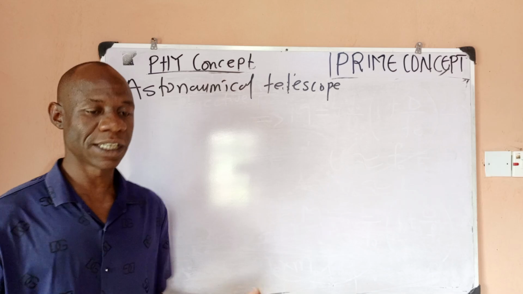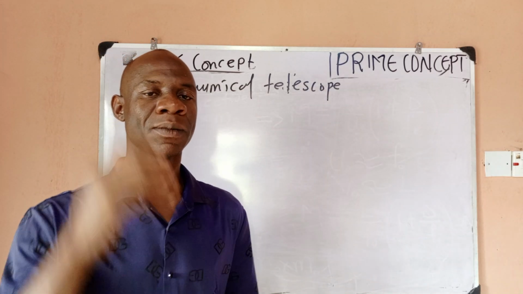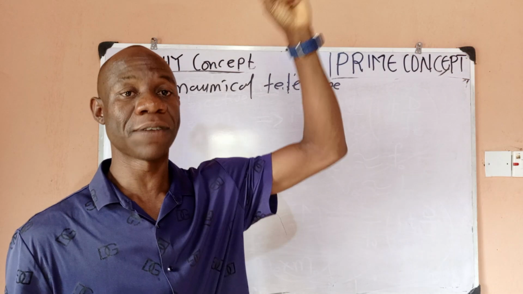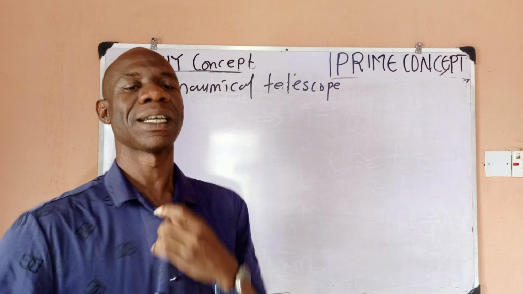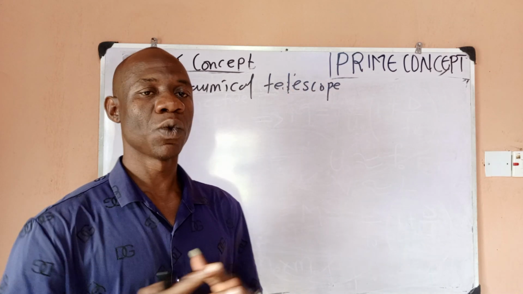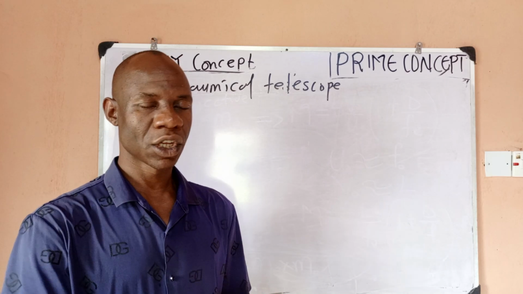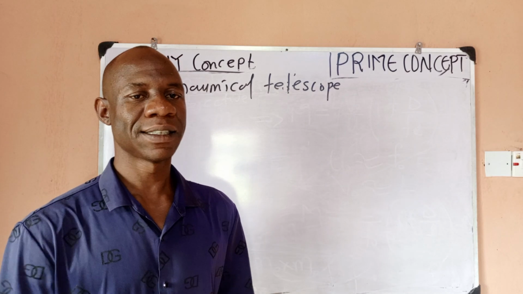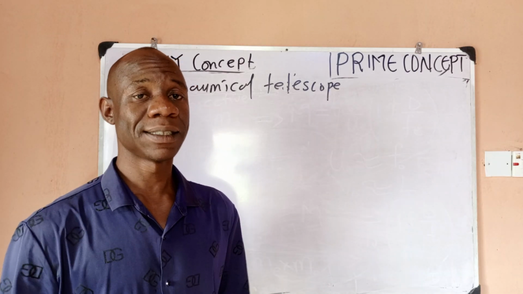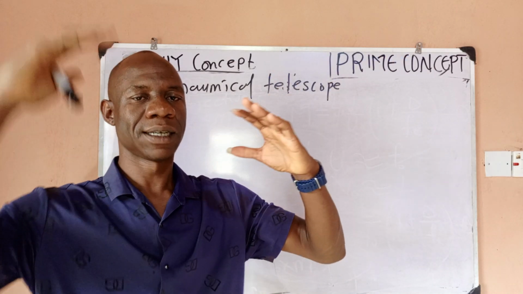A telescope, in general, is an optical instrument or device that is used to view distant objects that are very far. While we mentioned when studying the compound microscope that it is an instrument for viewing close, near objects and getting a high level of magnification, the telescope, on the other hand, is used to view far objects such as heavenly bodies.